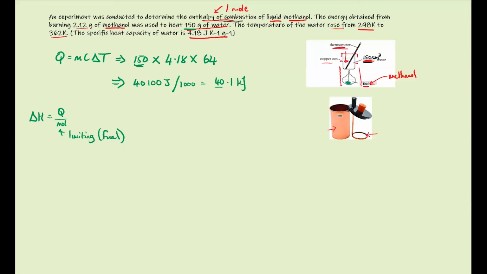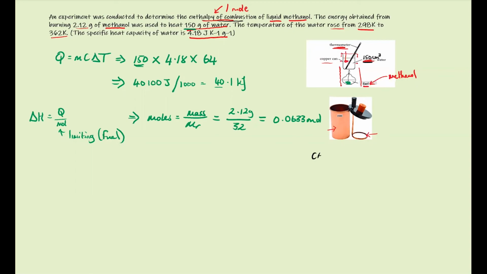So, I know that my moles equals mass over Mr. I have my mass at 2.12 grams. And my Mr for methanol is 32. And that gives me an overall number of moles of 0.0633 moles.